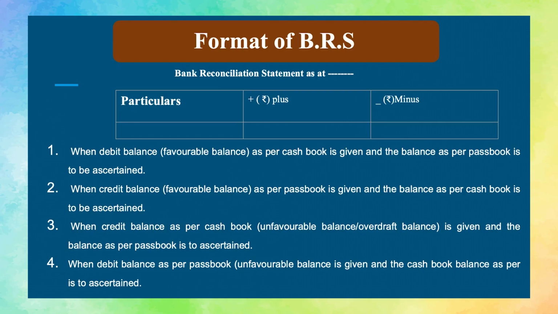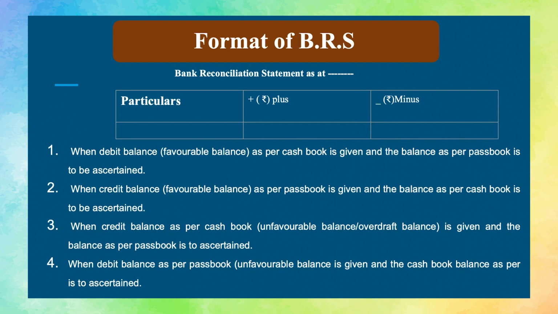Now, we will learn about methods of preparing a bank reconciliation statement. When debit balance or favorable balance as per cash book is given and the balance as per passbook is to be ascertained, favorable balances will be shown in plus column.